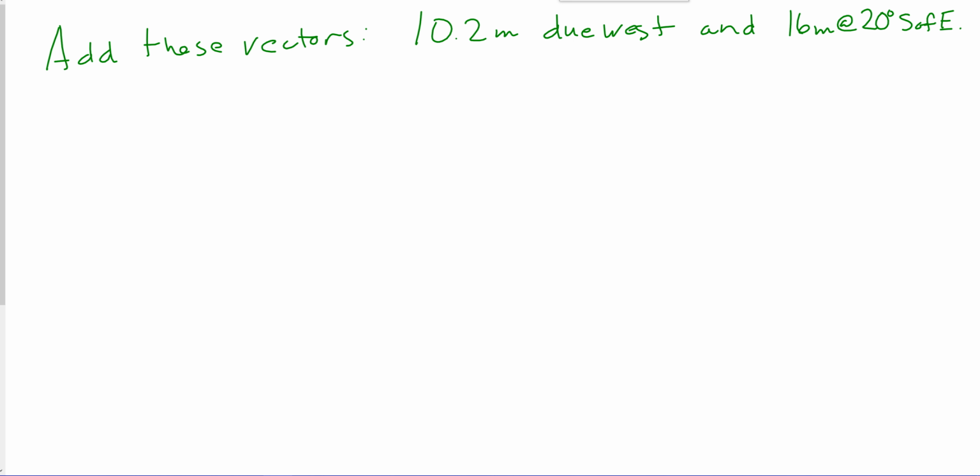Okay, 10.2 meters due west, and 16 meters at 20 degrees south of east. All right, so for our diagram, we've got 10.2 meters due west, and then we've got 16 meters at 20 degrees south of east.